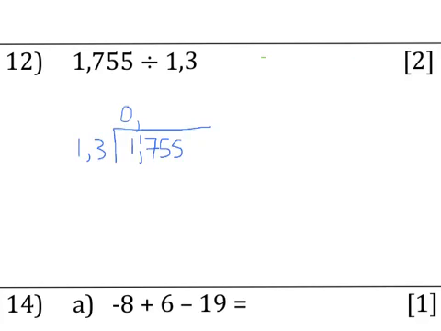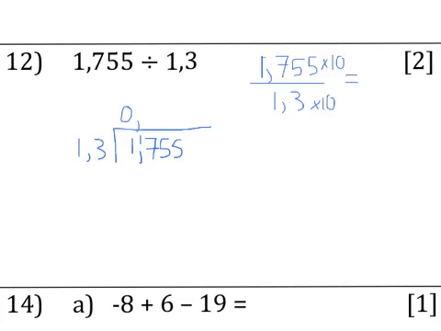Another thing that's also really important that you are comfortable doing is whenever you see a question that has a divide symbol in it, that's actually the same as a fraction. So it's the same thing as me representing it as 17,55 over 1,3 in fraction form. Now I'm going to get rid of the decimal place by multiplying the numerator and the denominator by 10, and that should be quite straightforward.